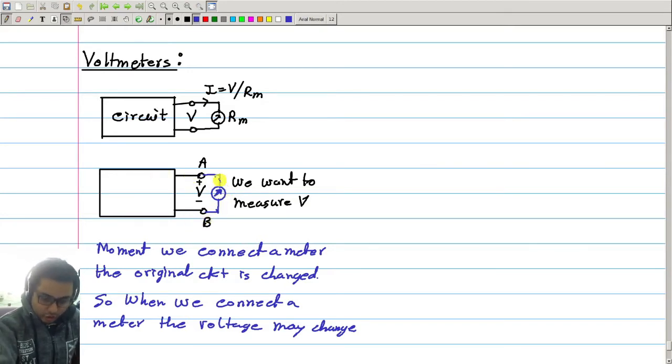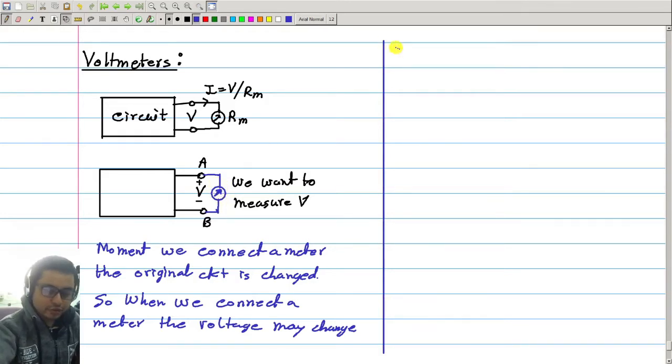If the meter draws some current, then definitely there will be a change in this voltage. But if the meter is not drawing any current, so that these two terminals are almost open, then the voltage that we will get will be almost equal to the voltage that was there when these two terminals were actually open. So we want the meter to draw a very small amount of current, and that means the meter resistance should be very high.